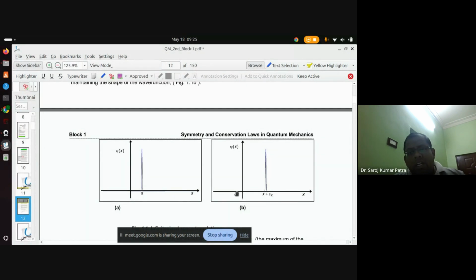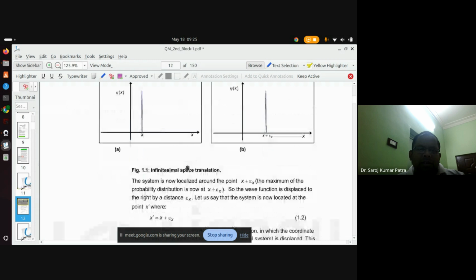Later on, if I have a bit of translation, then the wave function will move to x plus εₓ, where εₓ is the infinitesimal small translation along the x direction. The subscript x defines the x direction, and ε is your infinitesimal space translation.